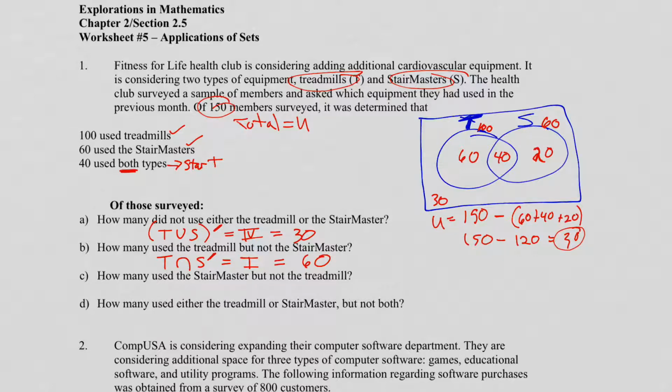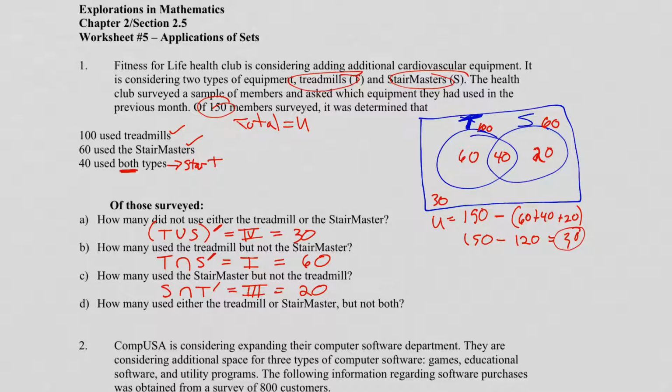Okay, that's only for the treadmills, not shared with anyone else. Vice versa for the other question. So in the S circle but not in the T circle, that's exclusive to S. That's region 3, which is 20.